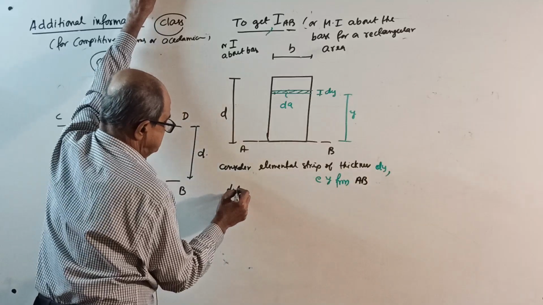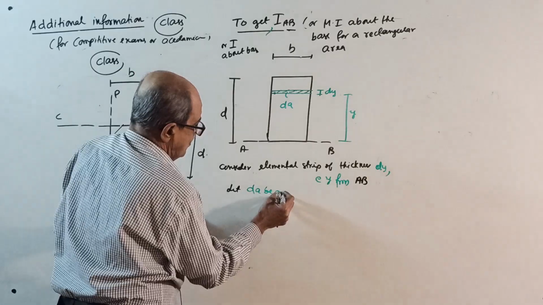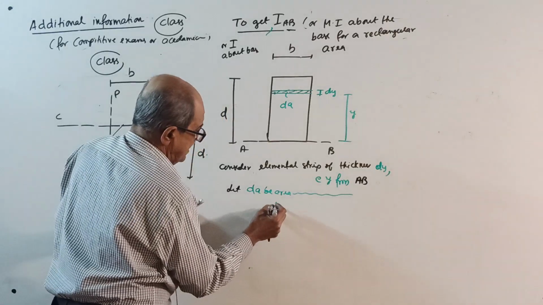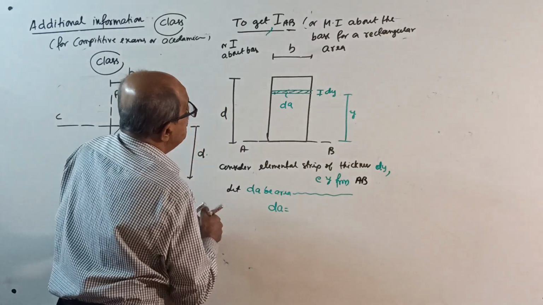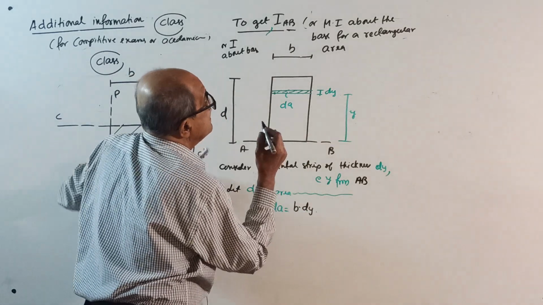Let dA be area of elemental strip. So 100% dA equal to B into dy. This is same as last time, B into dy.